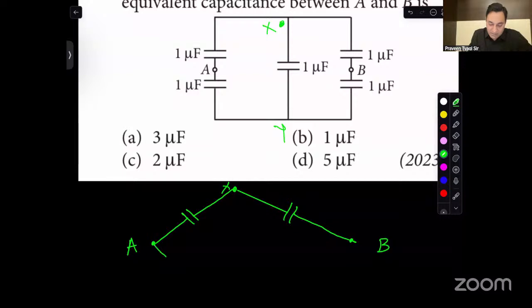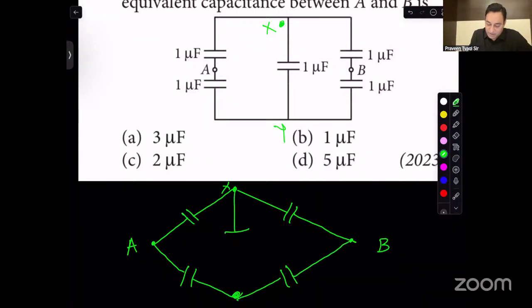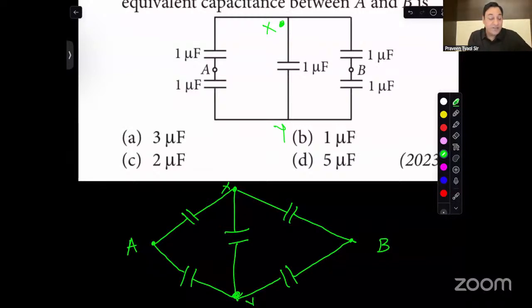There is another capacitor from A connected to Y. And Y and B have 1 capacitor. And there is a capacitor between X and Y. Now, this is a Wheatstone bridge. And these kinds of questions are asked in competitive exams, and you have to have the ability to identify this kind of situation.